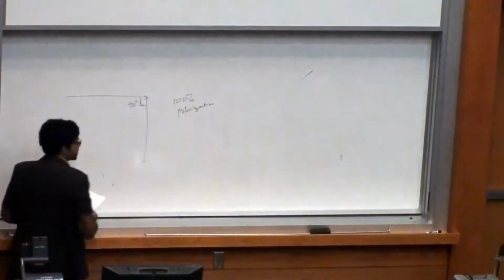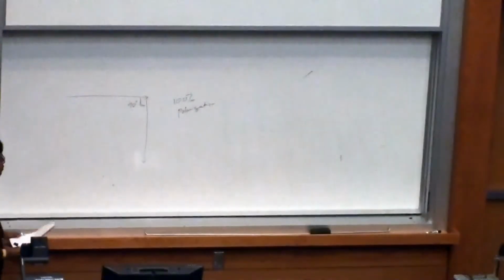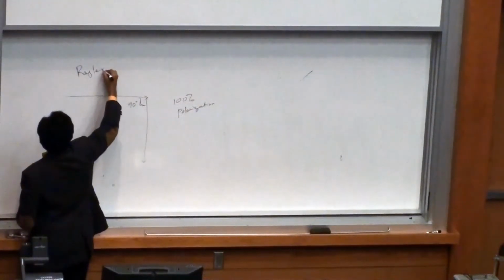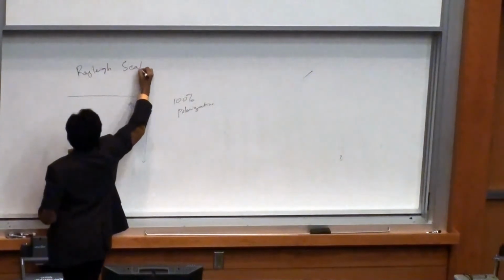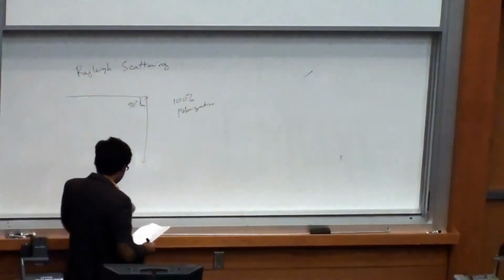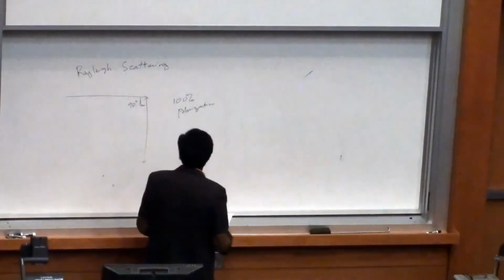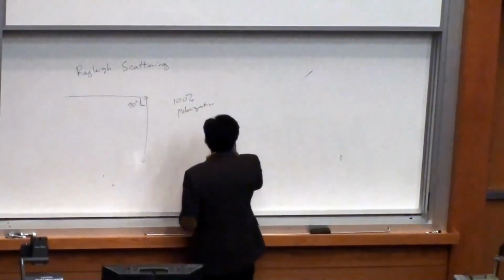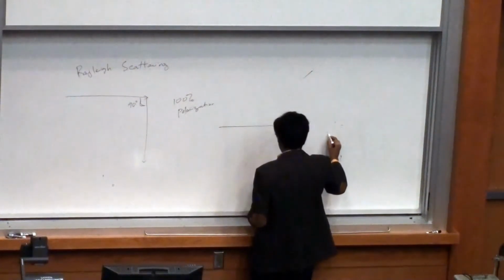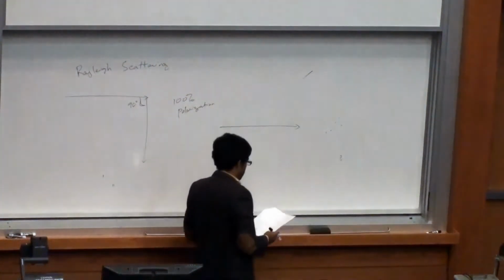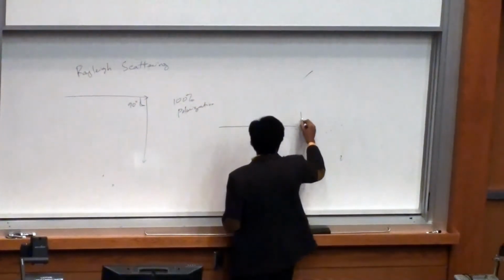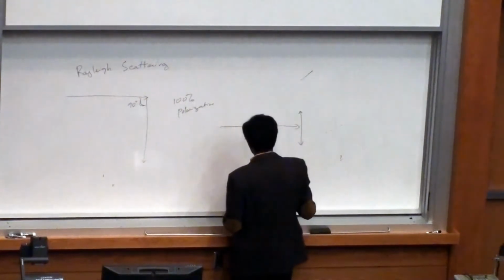There are different types of scattering, and the one we're looking at is Rayleigh scattering. So if I have light incident at some plane, and a bunch of dust particles, light comes in this way with a certain electric field in that direction.